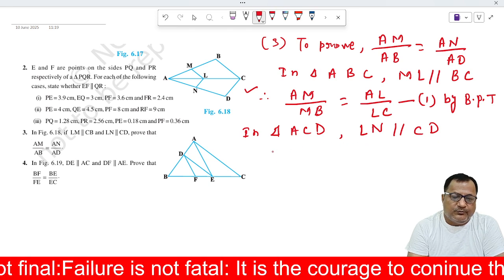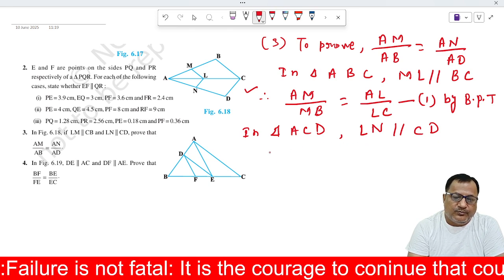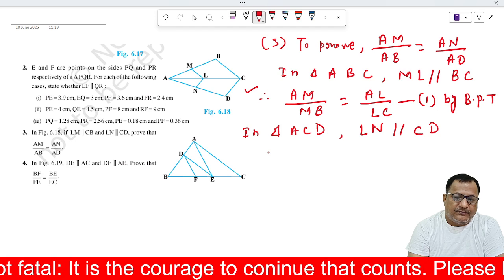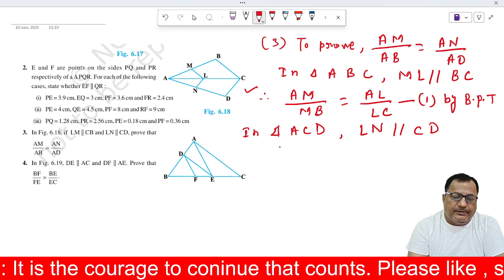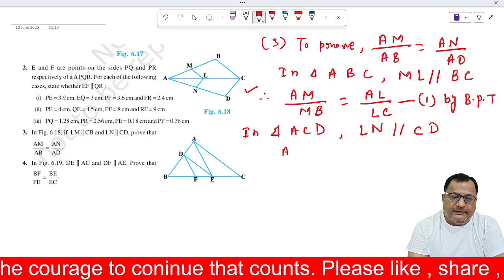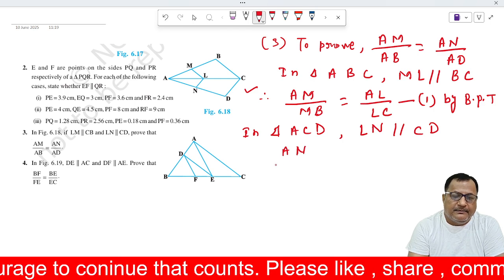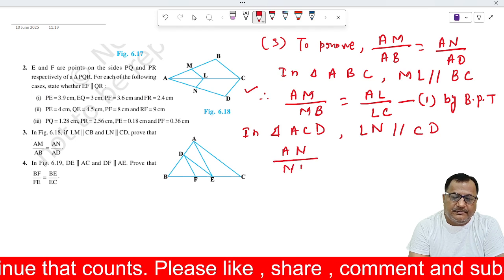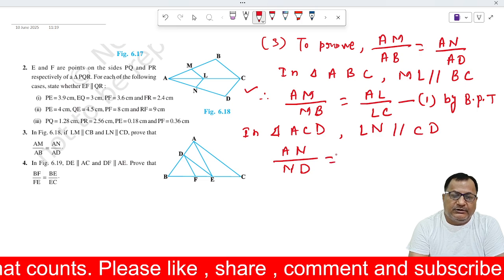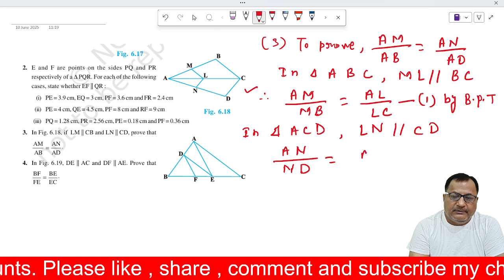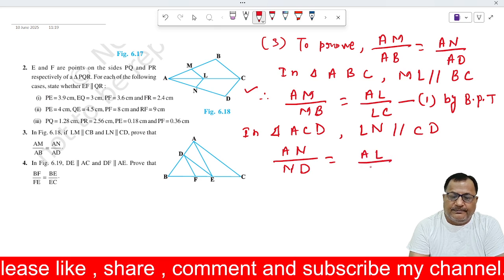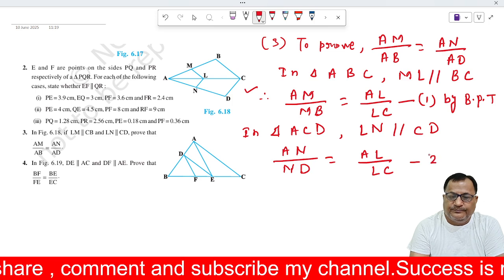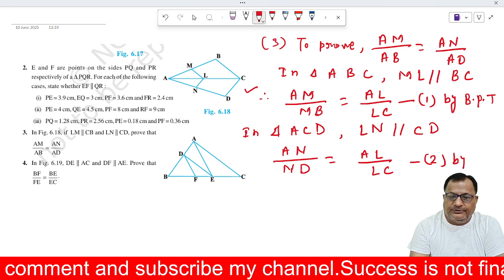So therefore AN by ND is equal to AL by LC. This is 2, by BPT.